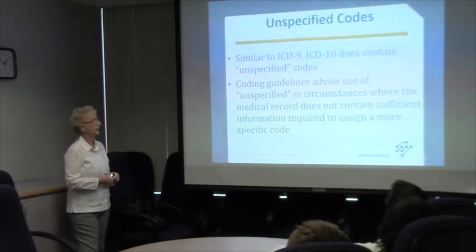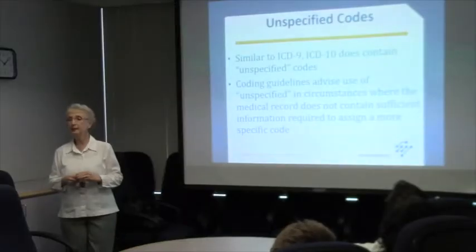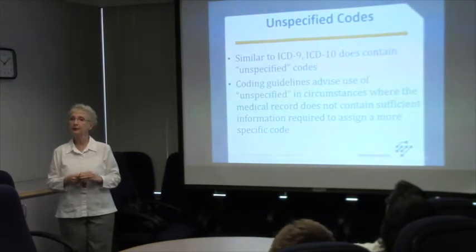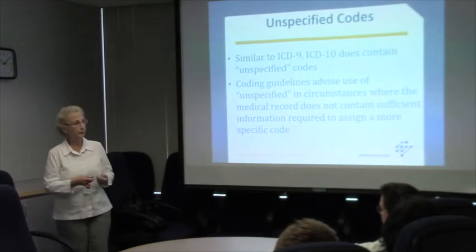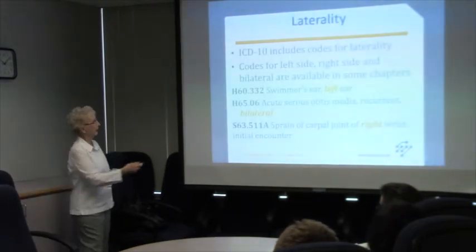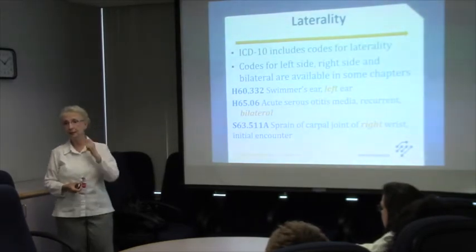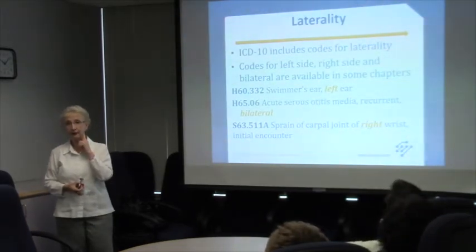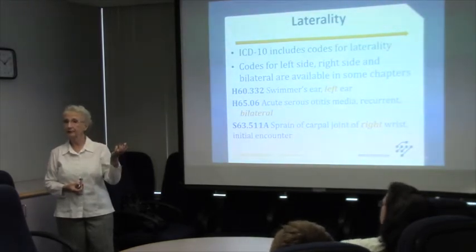Okay, unspecified. When I was here in December and spoke with the management folks, we talked about unspecified, and various payers are still in discussion about what to do, how to handle the unspecified. So just know that if you have swimmer's ear of the left ear, my guess is the doctor knows it's the left ear when they're treating it, and they need to treat it, report it, and bill it that way.